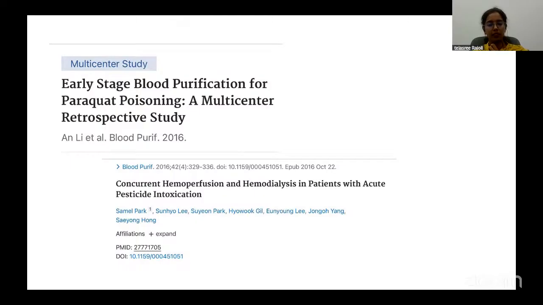There has been a study of concomitant hemoperfusion and hemodialysis in patients with acute pesticide poisoning, comparing concurrent hemoperfusion and hemodialysis with hemoperfusion followed by hemodialysis.